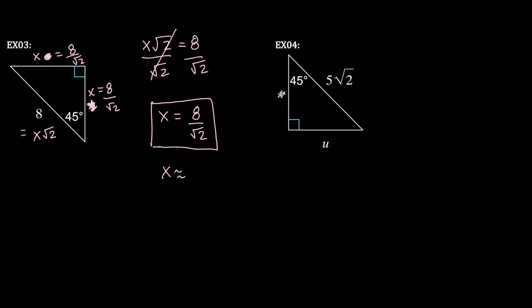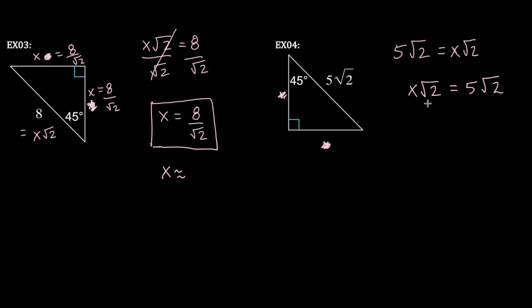Okay, so once again, I know that this right here is x square root of 2. So 5 square root of 2 is x square root of 2. We obviously see that x is the 5, but I'll show you how that works just in case. X square root of 2 equals 5 square root of 2, because most of you are having the x on the left side.